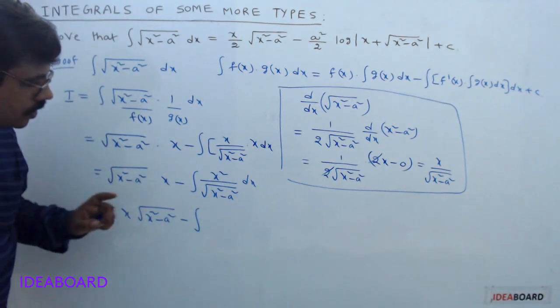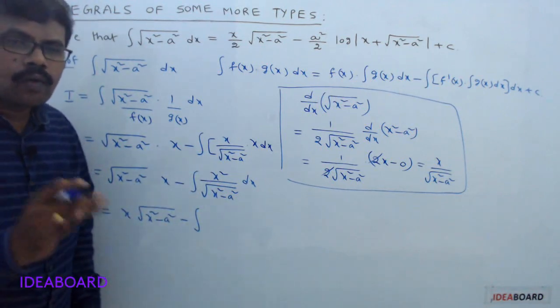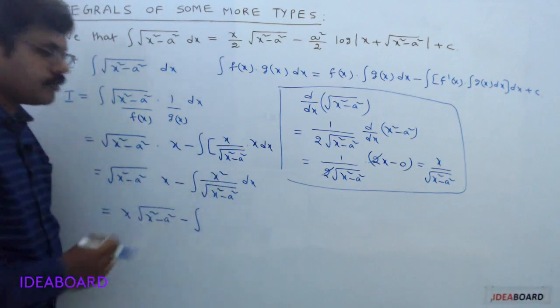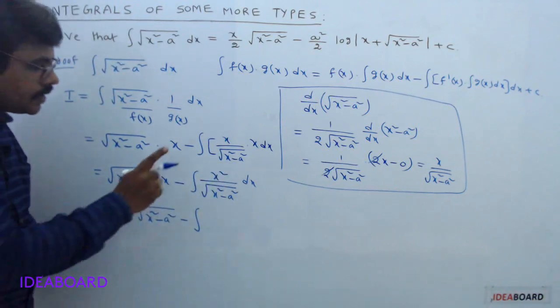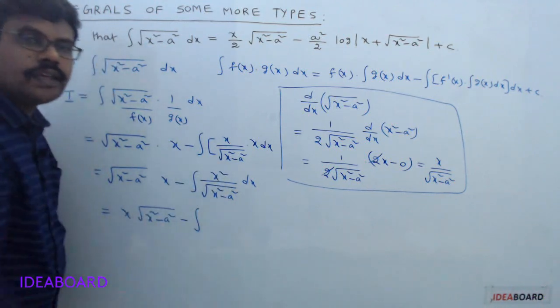Here I want x square minus a square in the numerator. How will I get x square minus a square in the numerator? Just do one thing: subtract and add a square to this numerator x square.